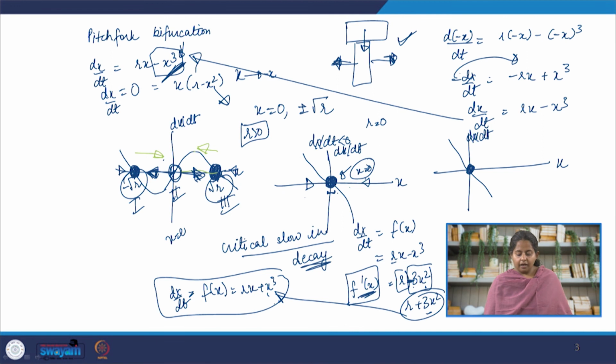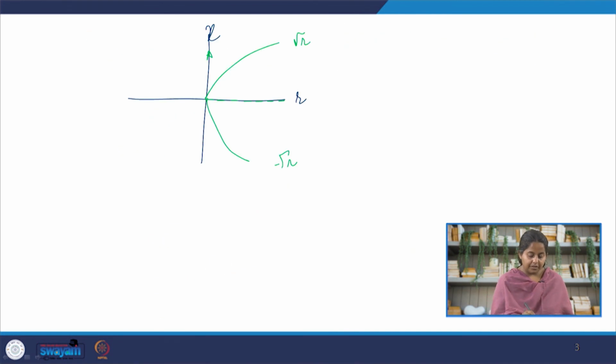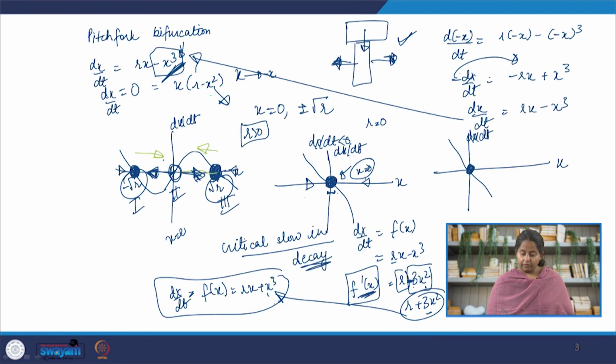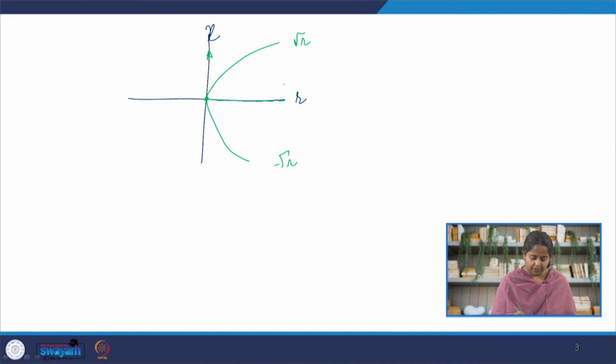When r is equal to 0, here we have a stable fixed point, and when r is less than 0, the fixed point remains stable. So, this fixed point that was unstable here becomes a stable fixed point, which I am showing by a complete line.